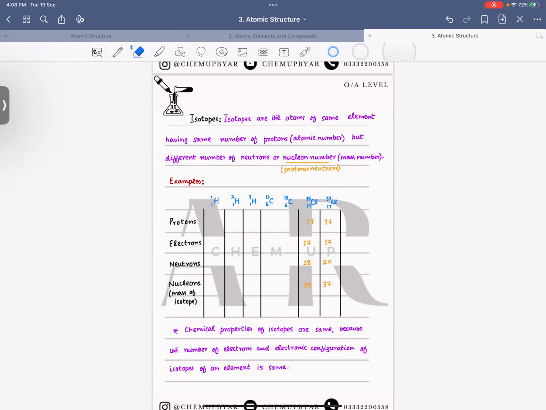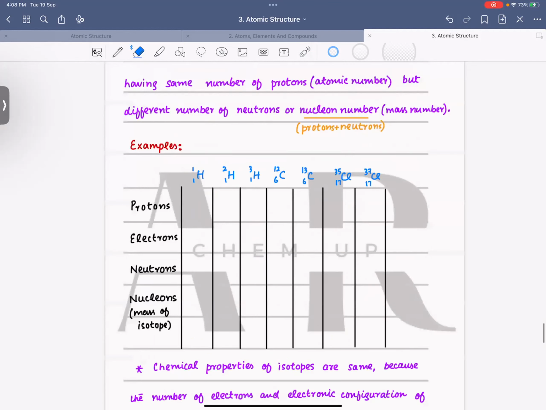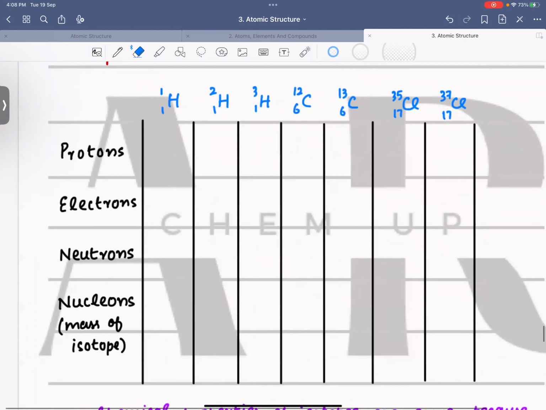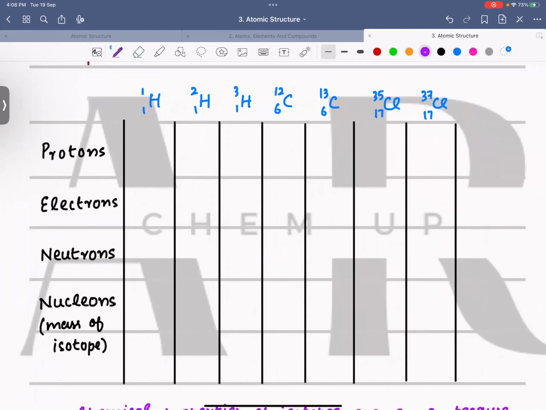Here I have put some isotopes of the most familiar atoms, which are hydrogen, carbon, and chlorine. So see, this is one isotope of hydrogen, this is the other isotope of hydrogen, this is the third isotope of hydrogen.